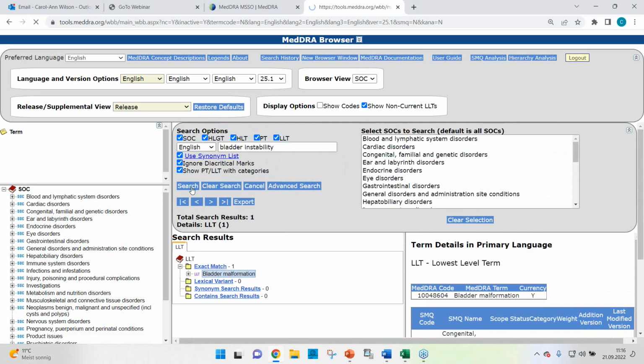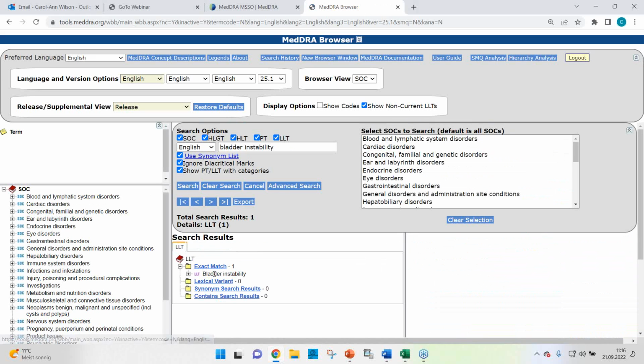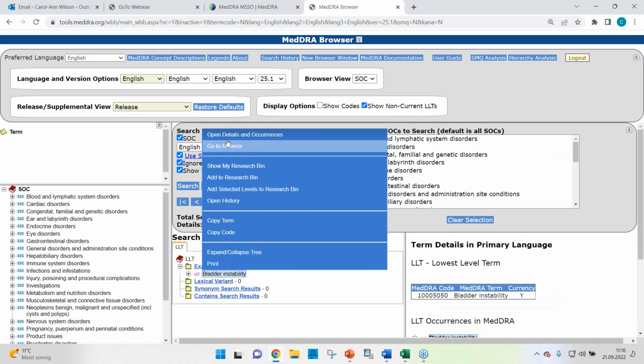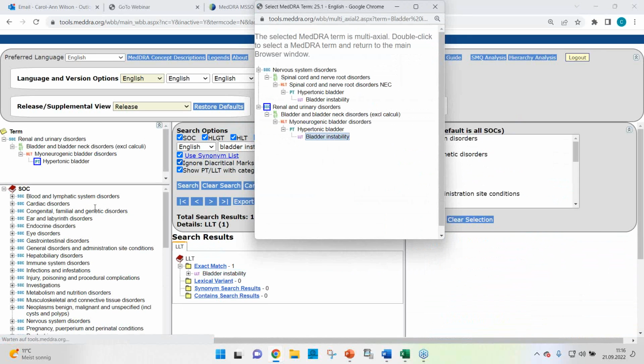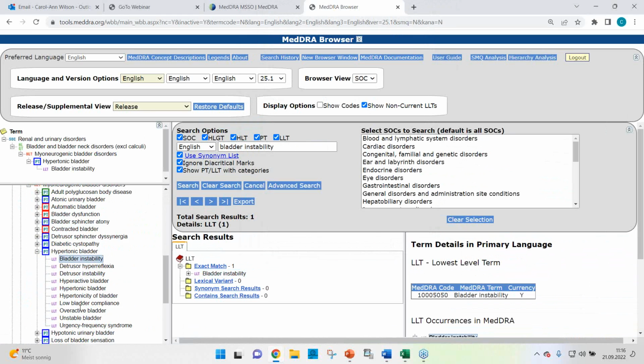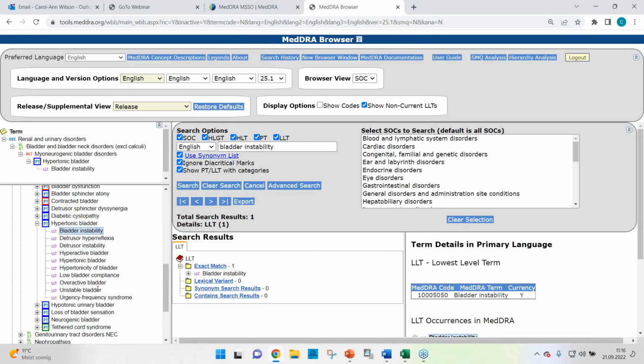If you see some terms that could be suitable for a given verbatim, go to the browser again in order to check. Here we go to the primary SOC. It's multi-axial, this PT. Here we have bladder instability, and you see it's grouped under PT hypertonic bladder, with LLTs like overactive bladder, urgency frequency syndrome, low bladder compliance, and detrusor instability, for instance.